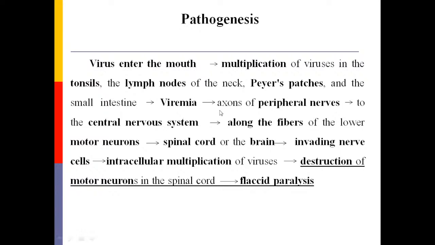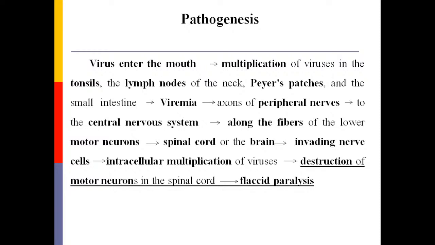Then viruses reach axons of peripheral nerves and they are transferred to the central nervous system along these nerves. They infect peripheral nerves and then they reach the central nervous system through moving along these nerves.